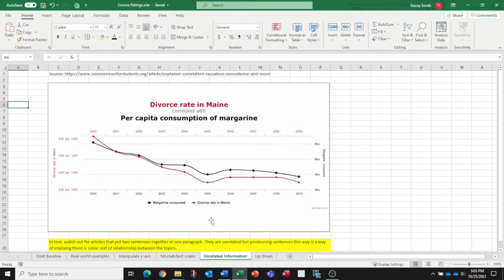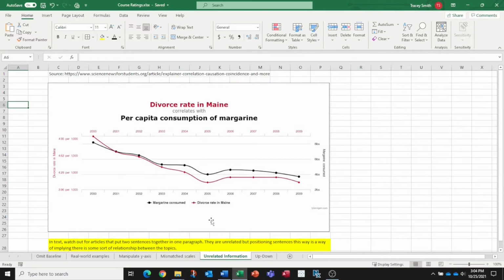So we know, common sense test, there is no way that consuming more margarine is going to impact the divorce rate in Maine. So this is something that is merely by coincidence, but people tend to put these things together sometimes, putting two pieces of unrelated information together on a chart, because just by placing them together, your audience may instantly infer some sort of connection between the two.